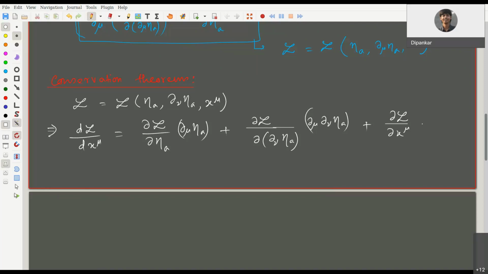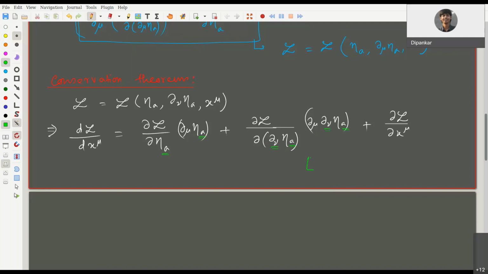By the way, here the summation convention has been employed. The repeated indices are summed over. So this nu is summed over, and also a and a is summed over, here also a and a is summed over. So you are basically summing over all the fields here.